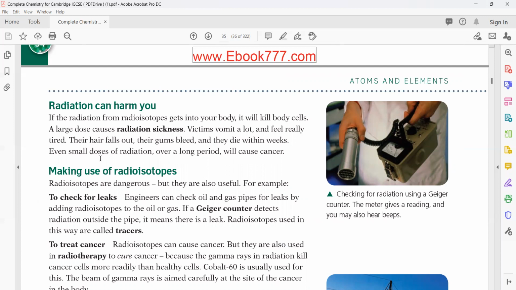Even a small dose of radiation over a long period will cause cancer. These are the radiations from different isotopes or radioactive isotopes, and if they accidentally fall on you and you are not aware, it can cause very, very dangerous effects on your body.